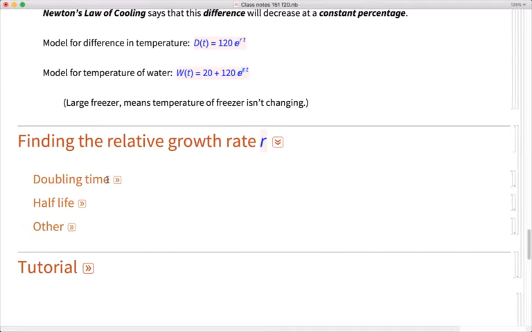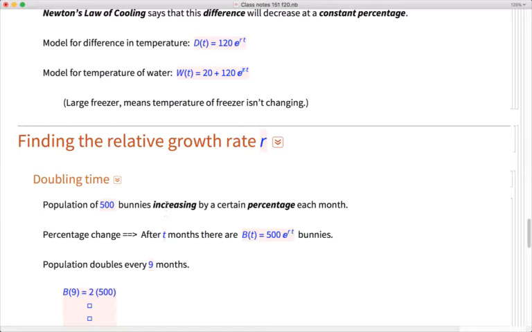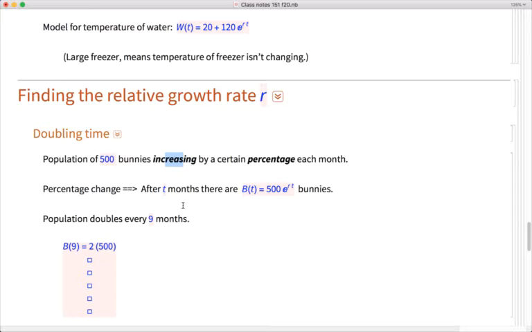One is, the backdrop is the same here, that we're told that some quantity is increasing or decreasing by a percentage, but in this first example, we're told how long it takes that quantity to double. So we're given the doubling time.